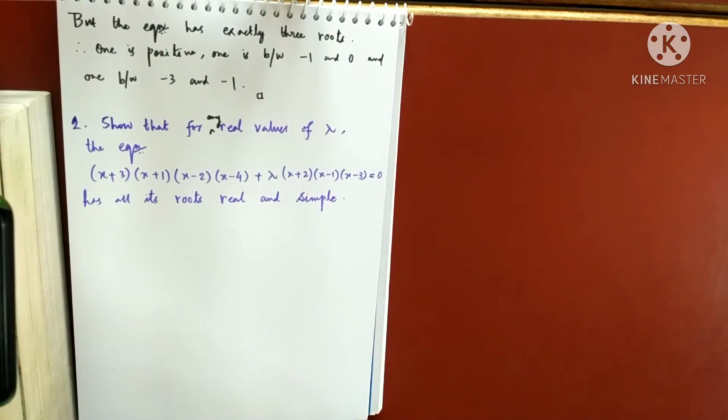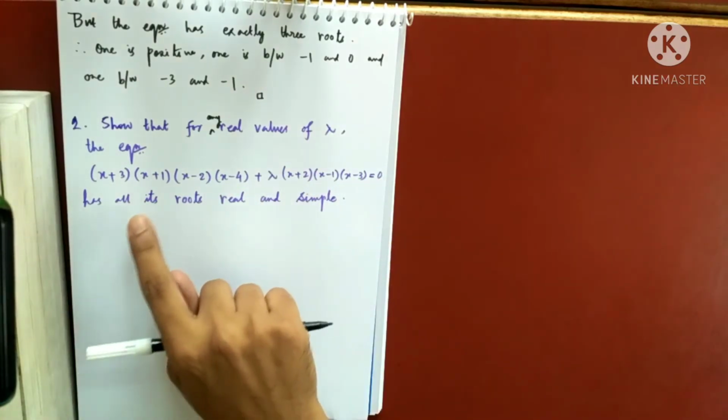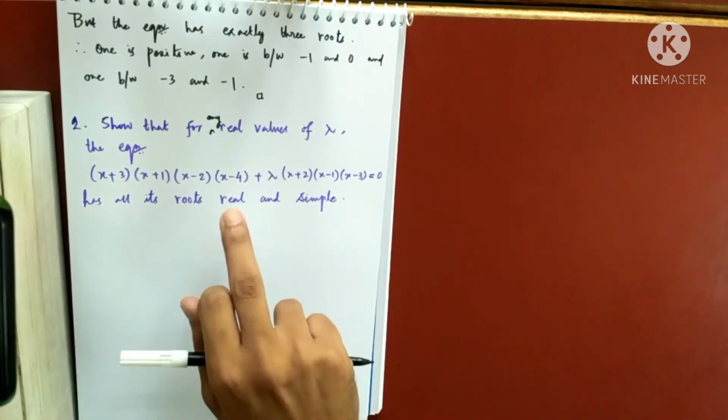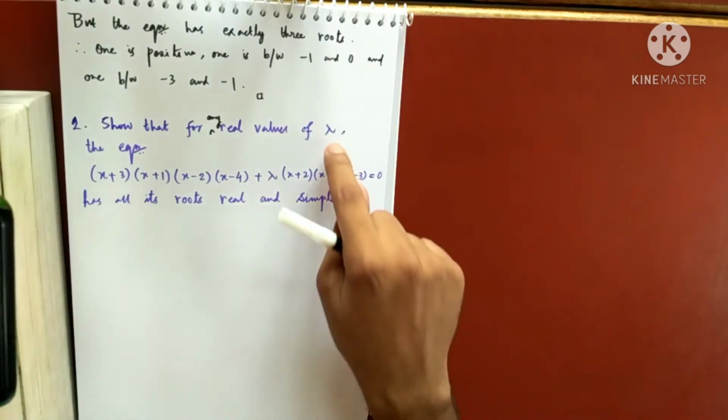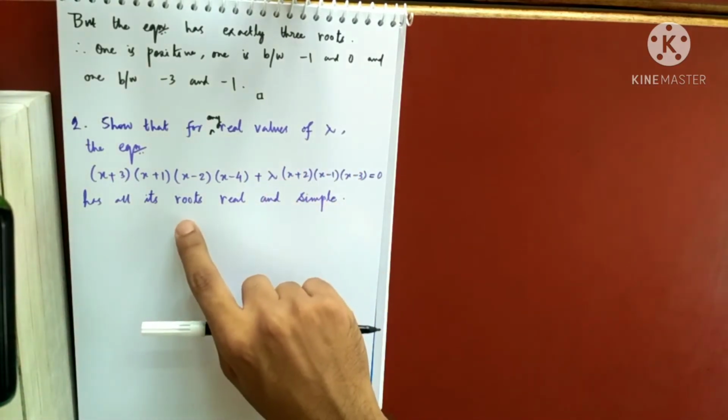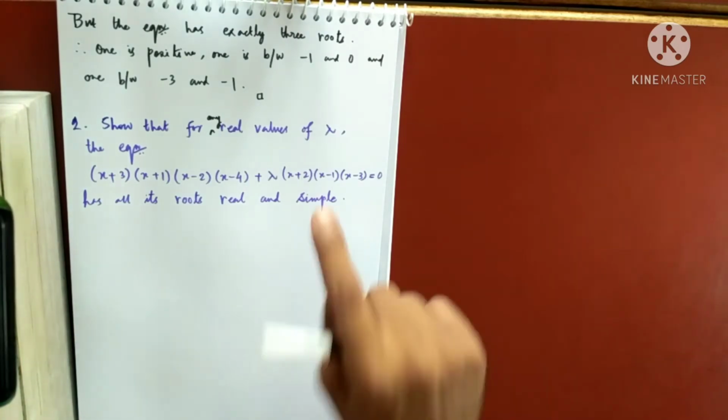That means whatever lambda you choose, you can choose lambda to be minus 1, you can choose minus 100, you can choose 1 crore, anything. Whatever lambda you choose, this equation will always have its roots real and simple. You have to prove that whatever lambda you choose, all your roots are real first of all, and they are simple.